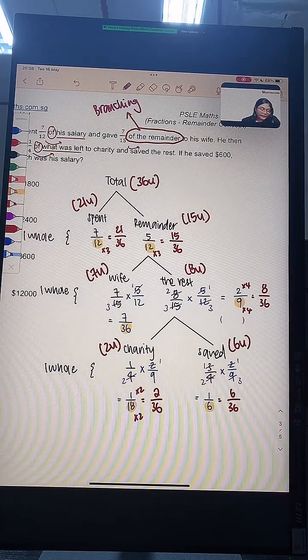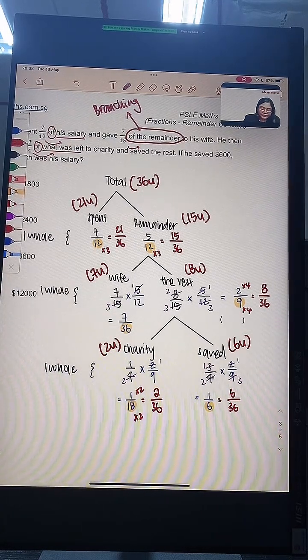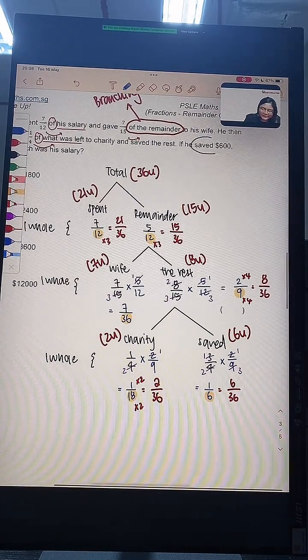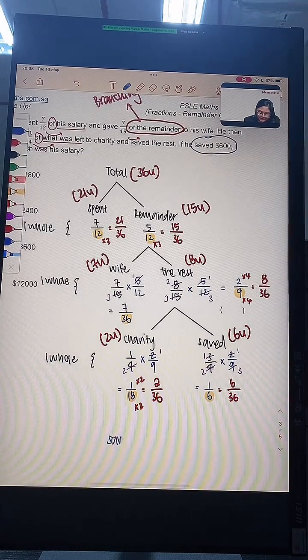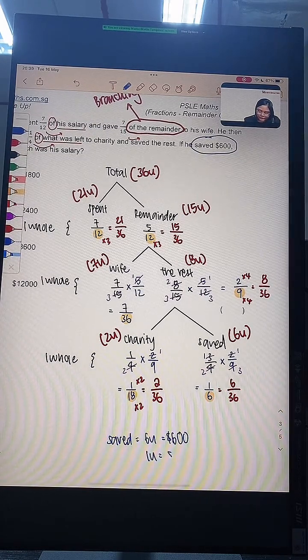Then now we can relate the units to the numbers. So now I know that 6 units is $600. So saved equals 6 units equals $600. 1 unit would be $100.